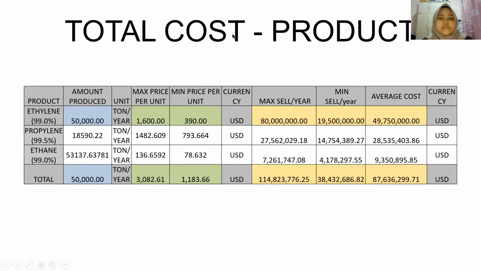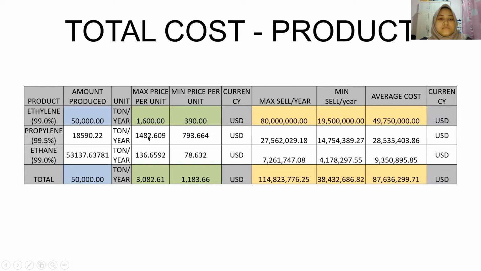So for the total cost of the product, we sell three products. The main product is ethylene, and the other byproducts are propylene and ethane. The amount of ethylene produced is 50,000 ton per year. And this is propylene, and this is ethane. The maximum price of ethylene that we find is 1,600 USD, and the minimum price is 390.